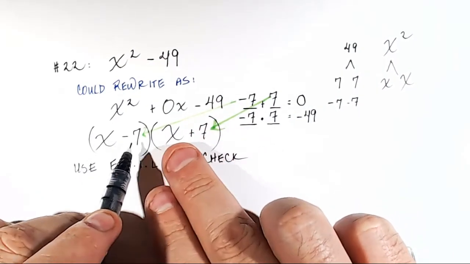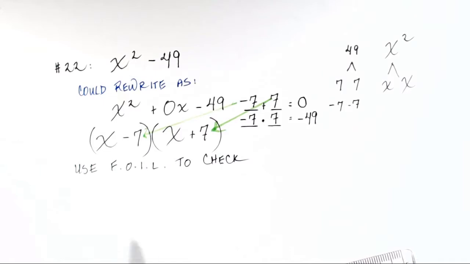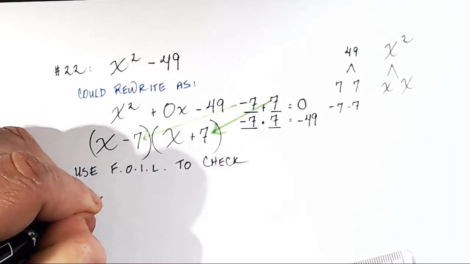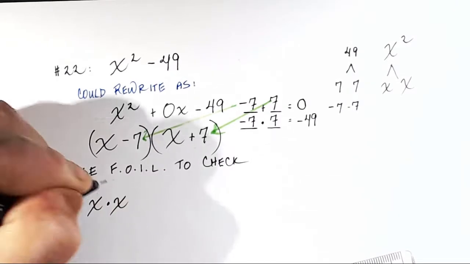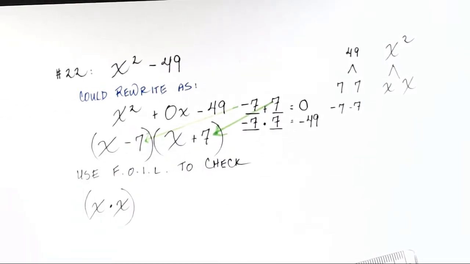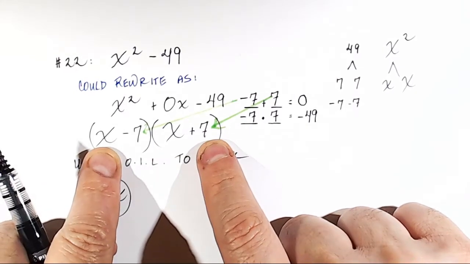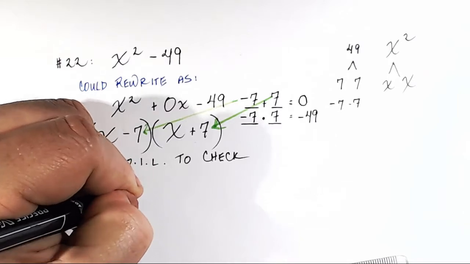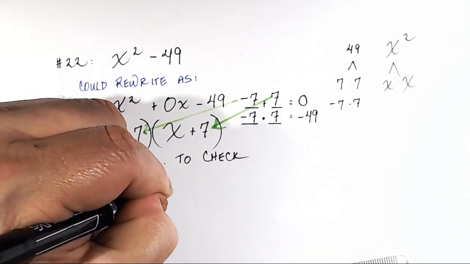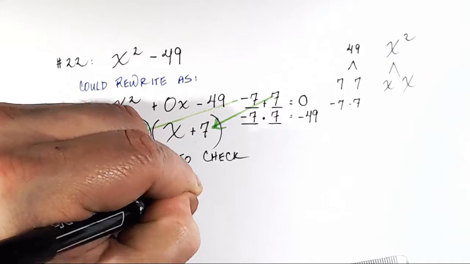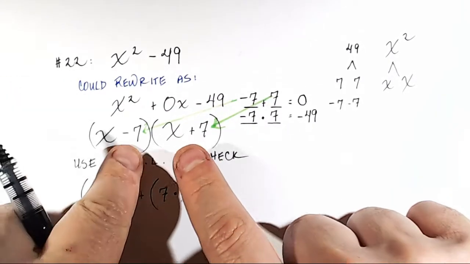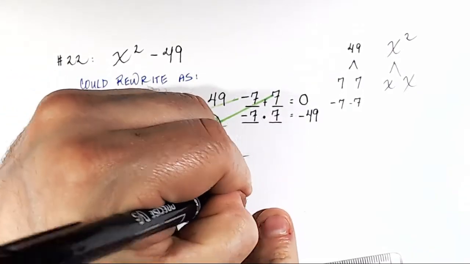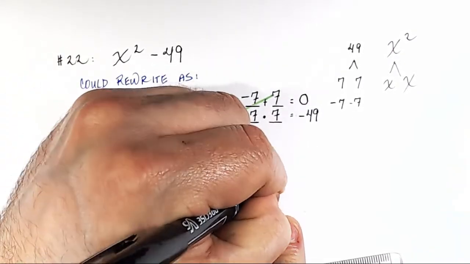First, outer, inner, last. Let's do that together. First, x times x. Outer, 7 times x, so I got plus 7 times x. Inner, plus negative 7 times x.